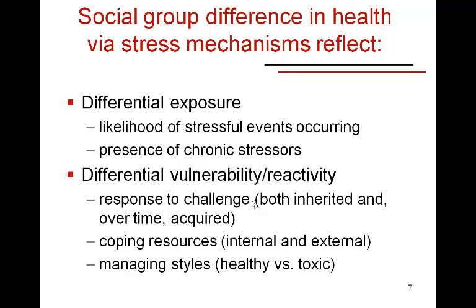It also refers to differential types of coping responses and access to the resources that enable coping responses, which may be internal, psychological, or external, meaning reaching out to and making use of external resources to facilitate coping. And those coping responses can be both more or less healthy versus toxic or noxious, and subsequently either ameliorate the effect of stressor exposure or exacerbate the effects of that.